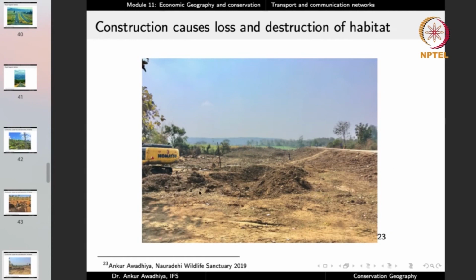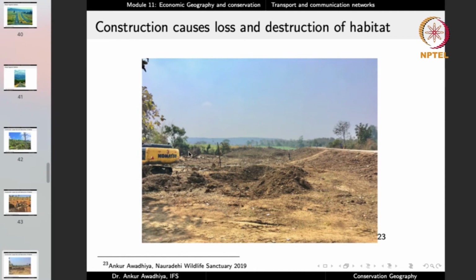Here again we find, this is another example from Noradehi, in which case this road is being expanded. So in place of a 1-lane road, now they are trying to have a 4-lane road. And for that, all the trees in this location have been cut, and now there is a large scale earth filling operation that is required in this region, because you can see that here the earth is very depressed and near the road it is elevated.